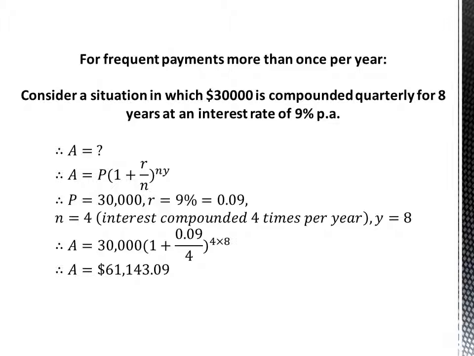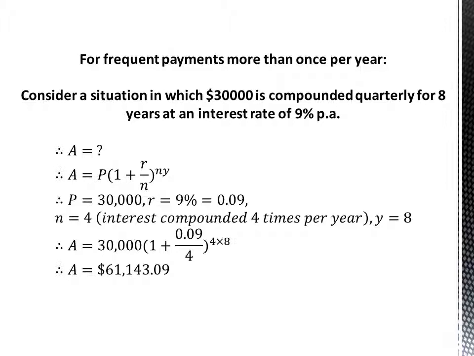For frequent payments more than once per year, consider a situation in which $30,000 is compounded quarterly for 8 years at an interest rate of 9% per annum. So in this instance, we're trying to find the amount loaned or invested after y years using the compounding formula for payments more than once per year.